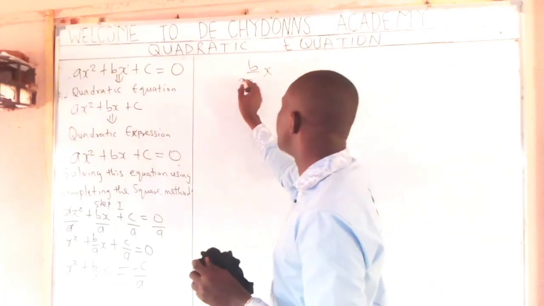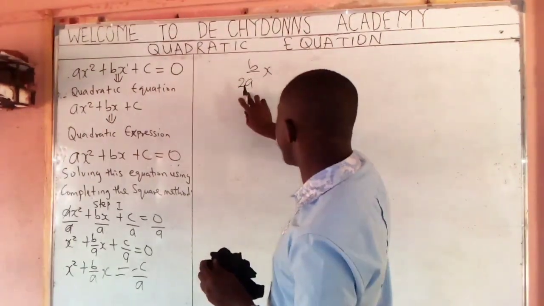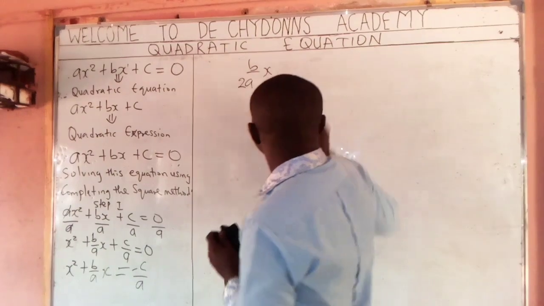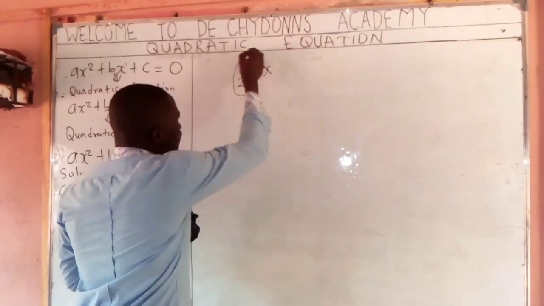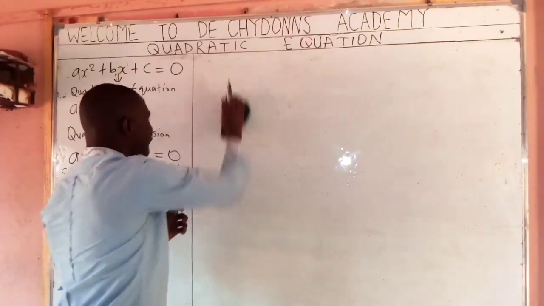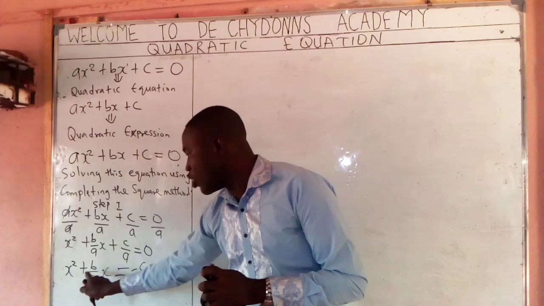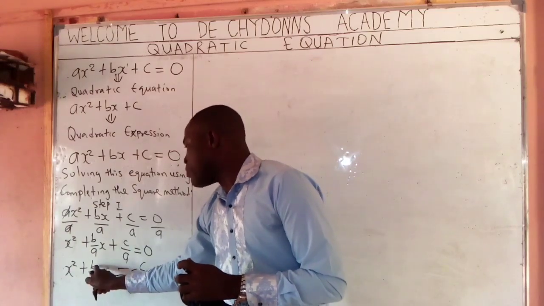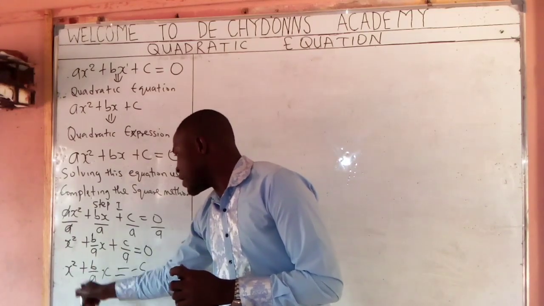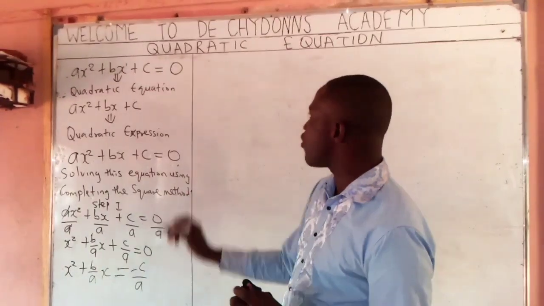You have b over 2a. Then carry that b over 2a, square it, and take it to both sides of the equation. See what we mean?